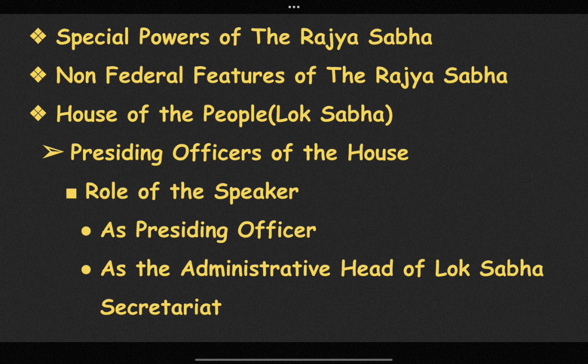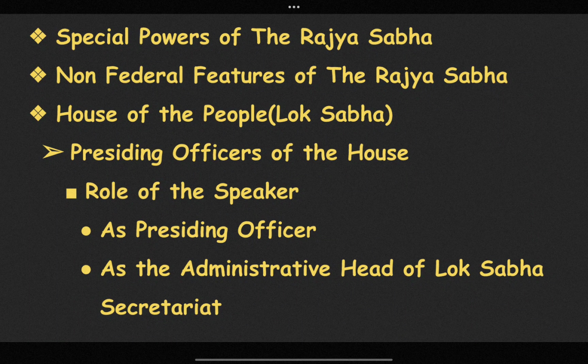Under Article number 67, Clause B, a resolution for the removal of the Vice President can be introduced only in the Rajya Sabha. Under Article number 249, the Rajya Sabha can pass a resolution by a majority of not less than 2/3 of the members present and voting, authorizing the Parliament to make a law on a subject in the state list.